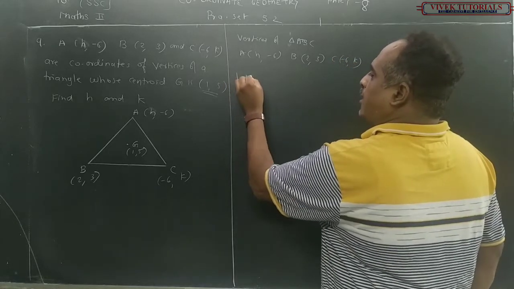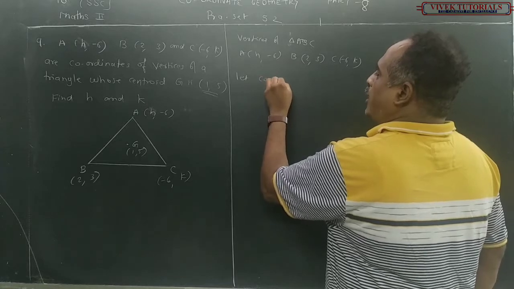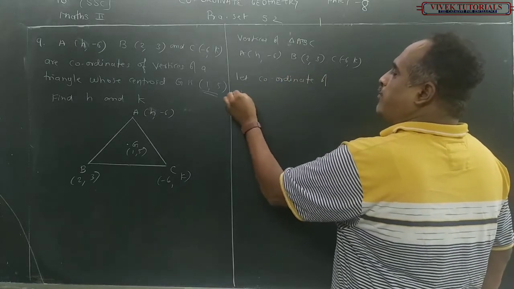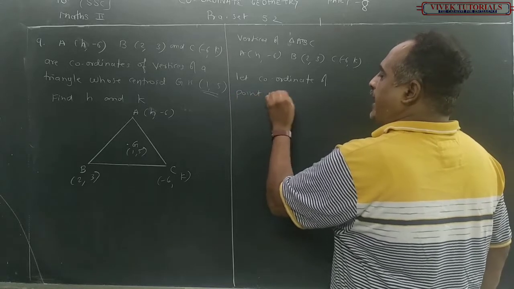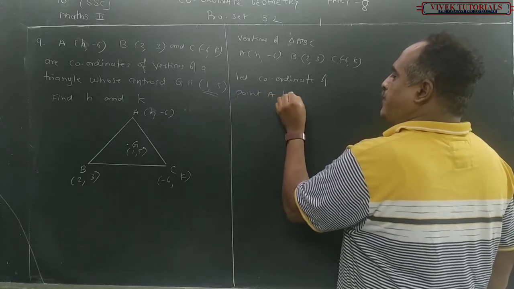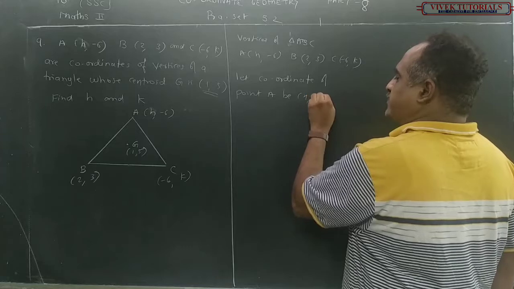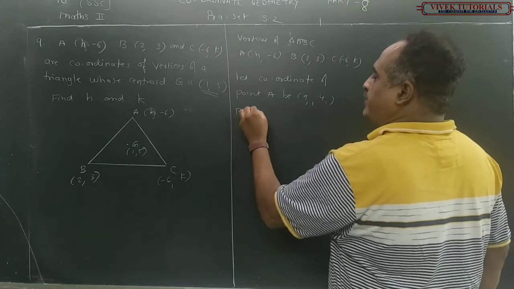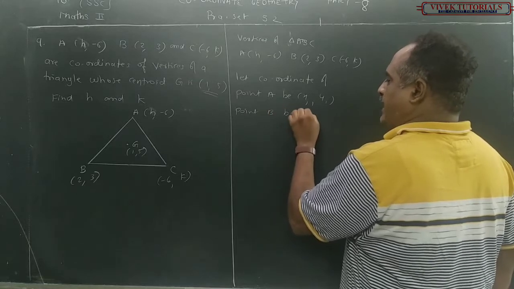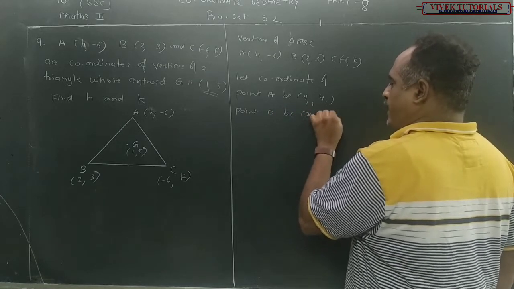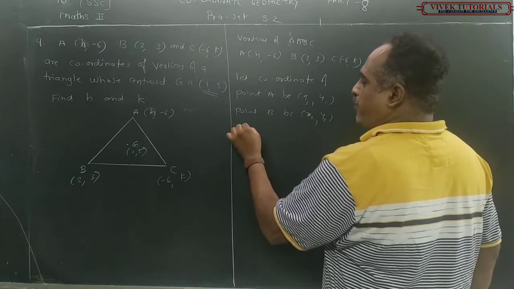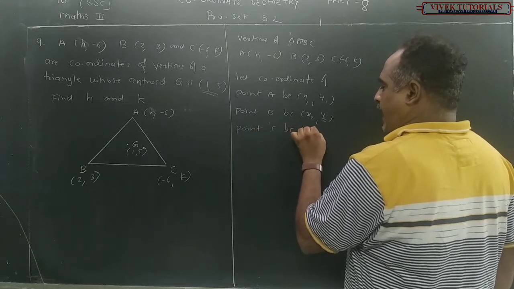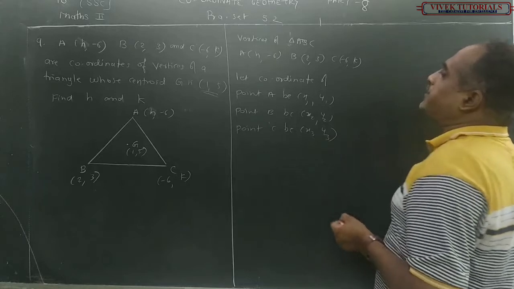Let the coordinates of point A be (x1, y1), point B (x2, y2) and point C (x3, y3).